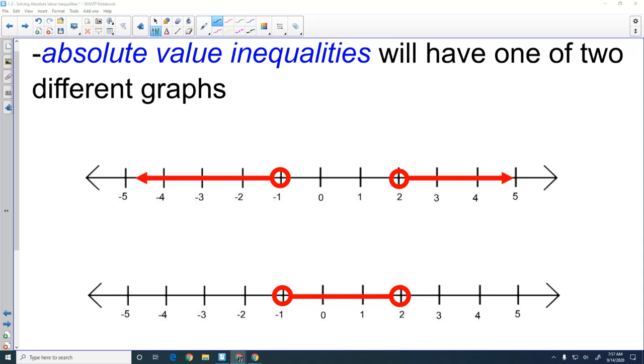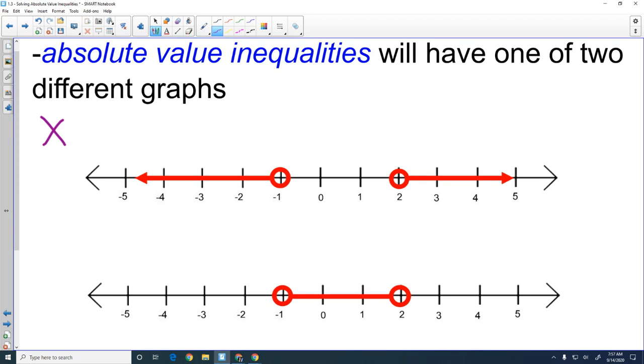So this top one: I have two inequalities, but I need to show them together, to say it's kind of both of these, but not at the same time. It's either this or that. You have two different ways to write this out. One of them could be just like that previous example where you actually use the word or.